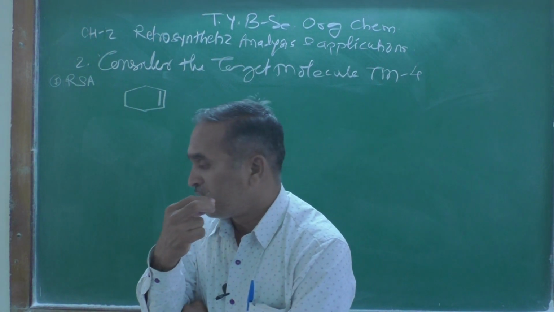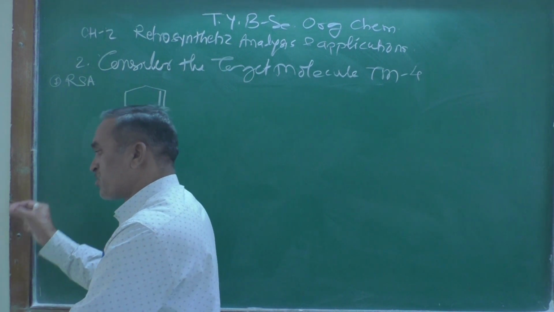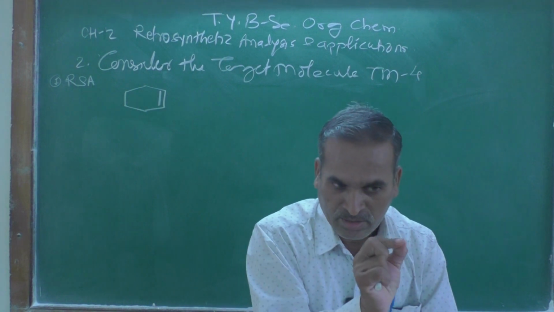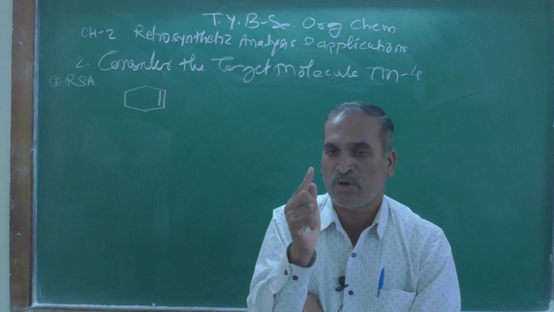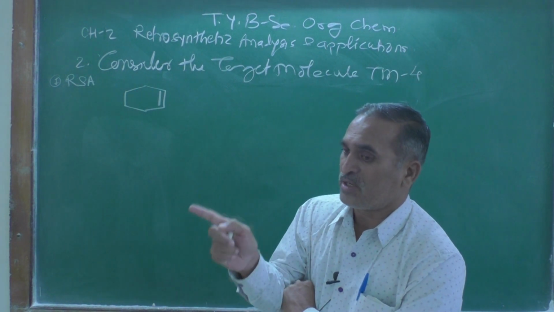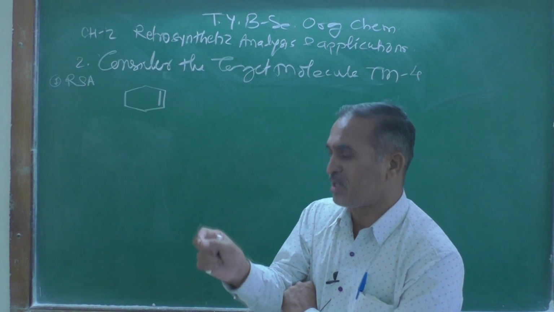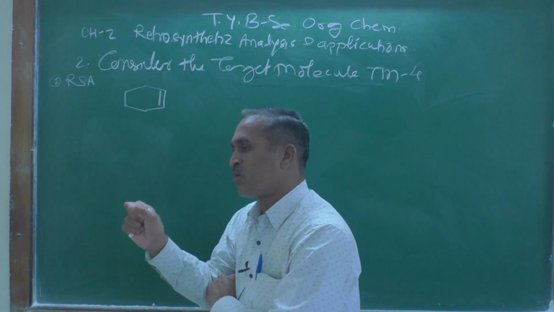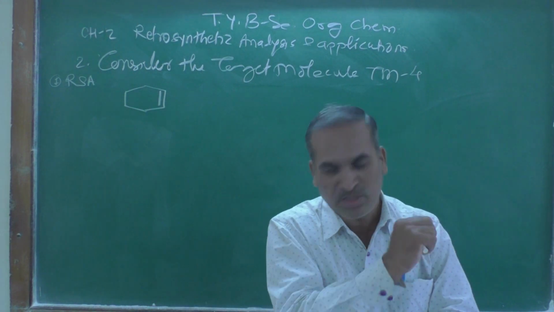Or in a general way, we can define the functional group in such a manner that the atom or group of atoms that determine the physical properties as well as chemical properties of a particular family of organic compounds is known as a functional group.